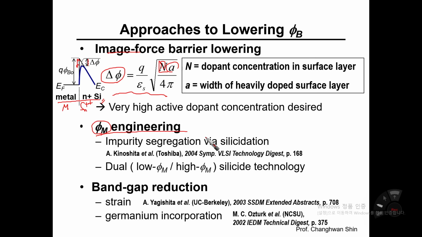The third approach to lowering Schottky barrier height has been implemented using bandgap reduction. Silicon is the mainstream material, and its bandgap is 1.12 electron volts.